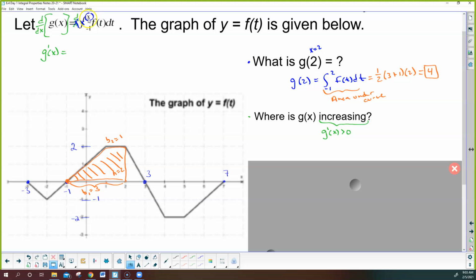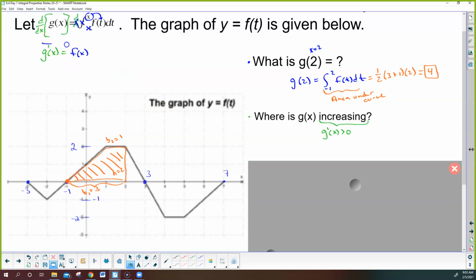And all that happens is if your variable's up top, you just plug that variable in, and I get the connection between g prime and the function f. Now, do remember, we went over this, so I'm not going to go over it thoroughly, but if it's a constant and I plugged a constant in and then took the derivative, that would always be 0. So that's why we ignore the constant and we only deal with the function.